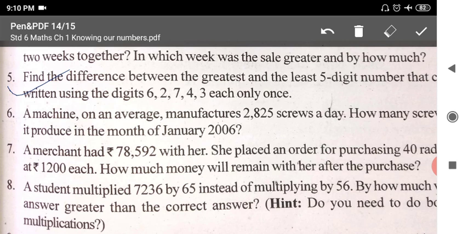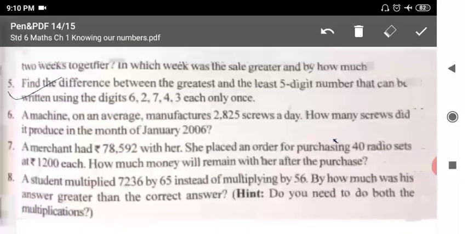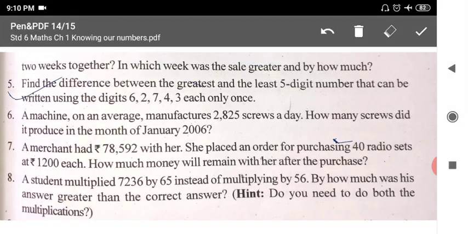Find the difference between the greatest and the least 5-digit number that can be written using the digits 6, 2, 7, 4, 3, each only once. What is the question here? Find the difference between the greatest and the least 5-digit number that can be written using the digits 6, 2, 7, 4, 3, each only once.